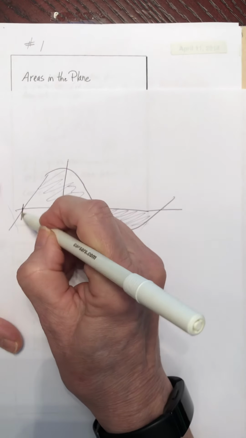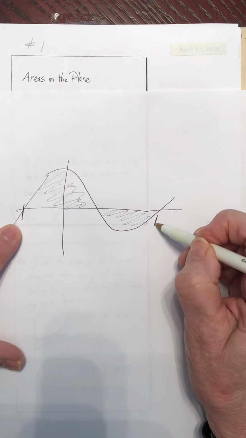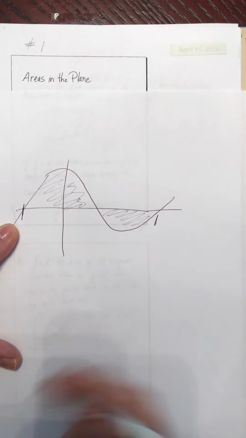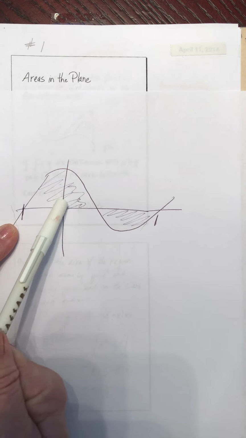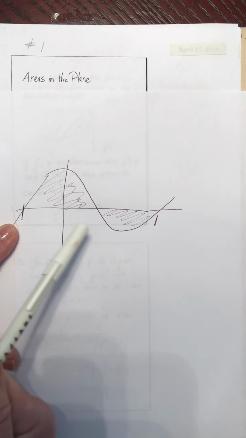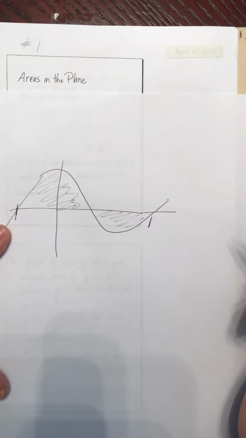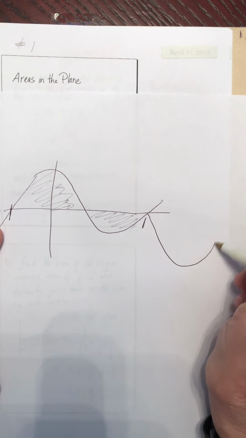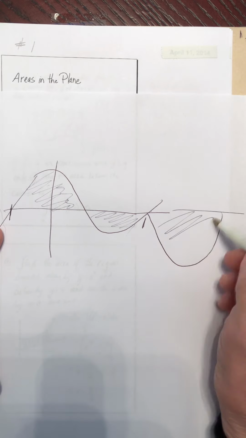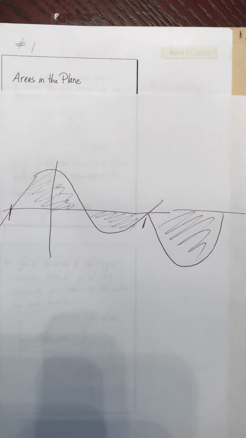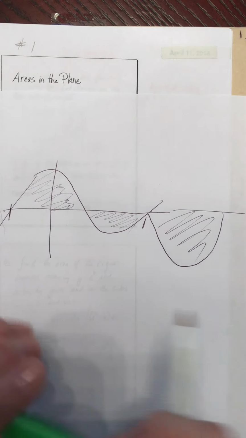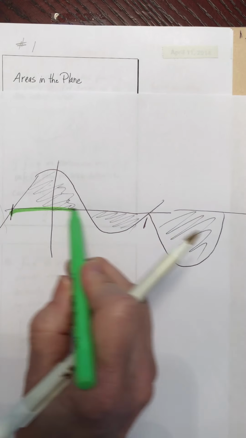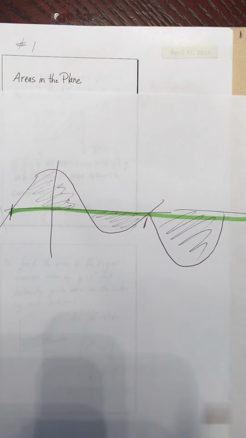So if I were going all the way from a lower limit to a higher limit, maybe they'd cancel out. This looks like the positive area would be bigger, so my net area would probably be positive. Had this thing kept going and done something like this, then more likely my net area would be a negative area. So what was important is the measuring line was what we talked about between the curve and the x-axis.